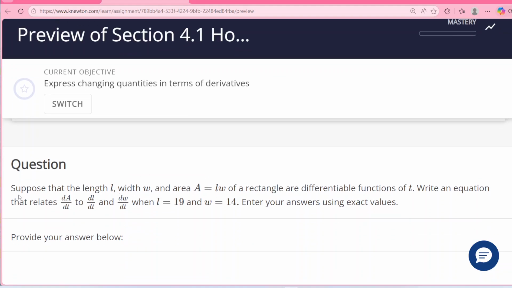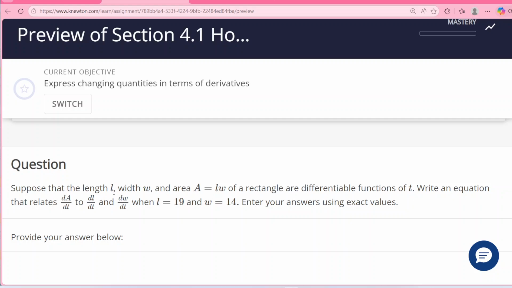So let's go through the question. So this first question says, suppose that the length L, width W, and area A, which is equivalent to length times width, of a rectangle are all differentiable functions of t.